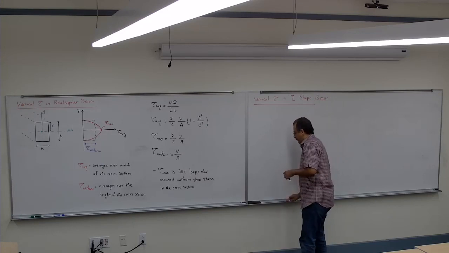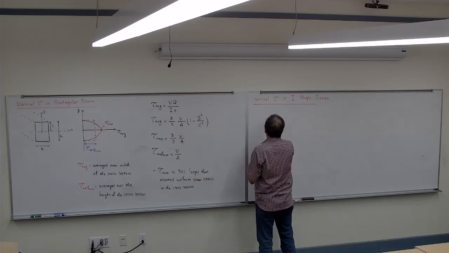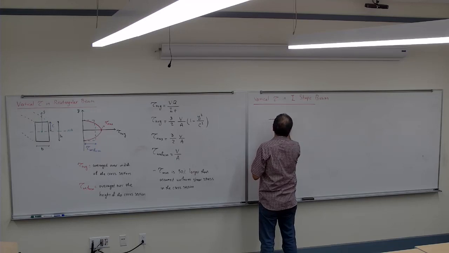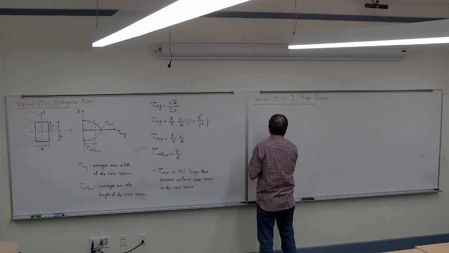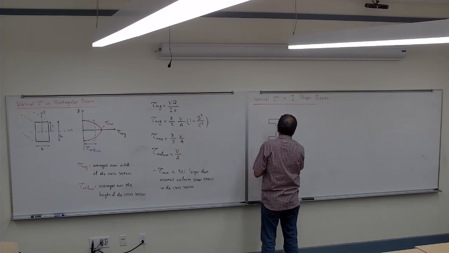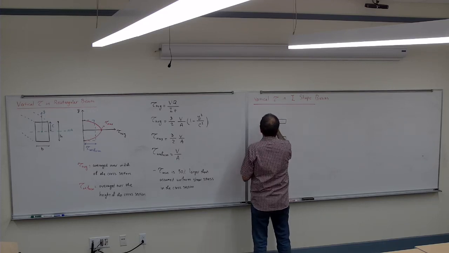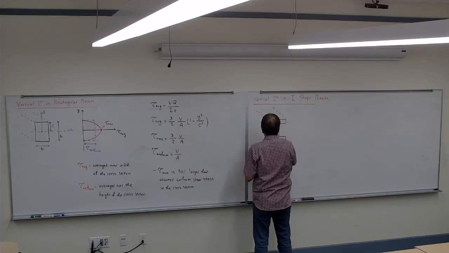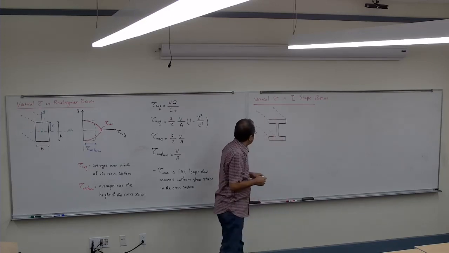Similar to that, if I say I have a beam, the I-shaped beam cross section, I have a beam like that, so it's an I-shaped beam.